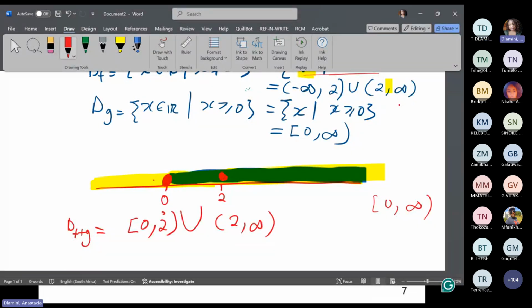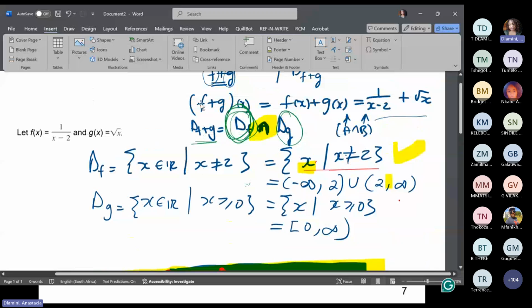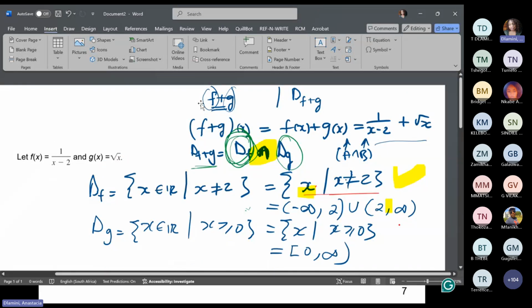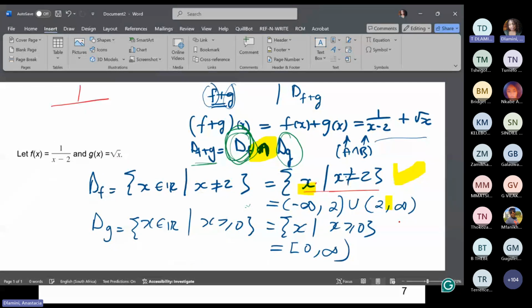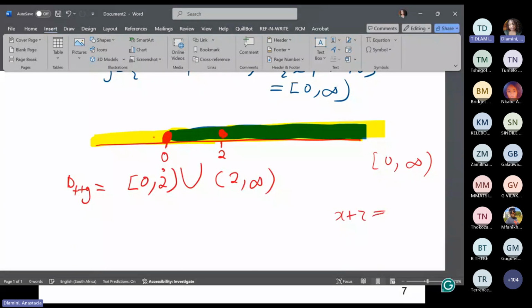Remember, if it's x plus 2, you say anything under the square root should not be 0. So x plus 2 should not be equal to 0. Therefore, you transpose, solving for x, basically. That's how it's going to be. Okay. Thank you. Now, according to what you have learned, what is the domain of f minus g?